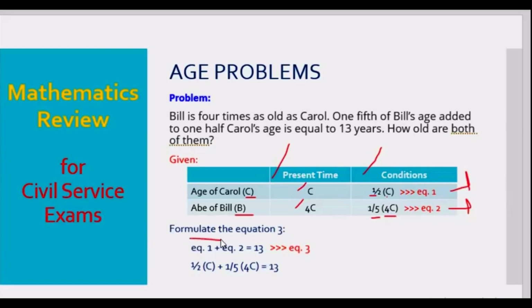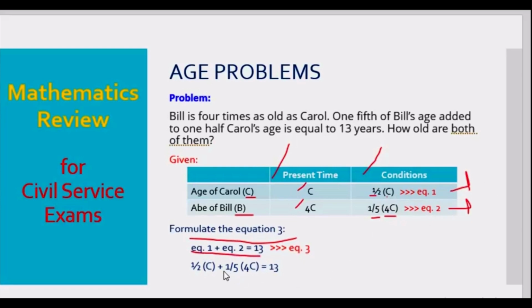So we will formulate equation number 3. Okay. Sabi dito sa problem, 1/5 of Bill's age added to 1/2 Carol's age is equals to 13. So, meaning, equation 1 plus equation 2 is equals to 13. So, this is the formula for equation number 3.